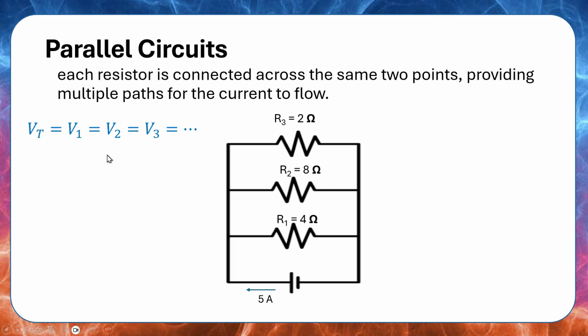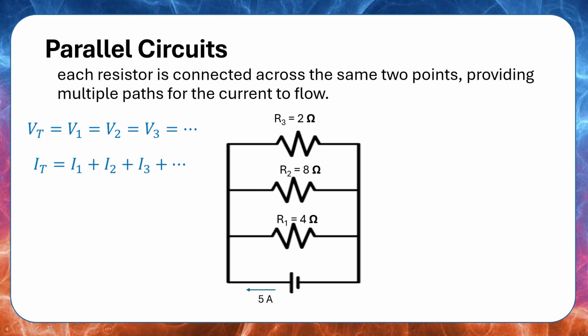Next, this time the I total is the sum of all the current passing through each device. So it's now the opposite. In the series, all the I's are equal, but this time in parallel, all the V's are equal, but the I's will be added up.